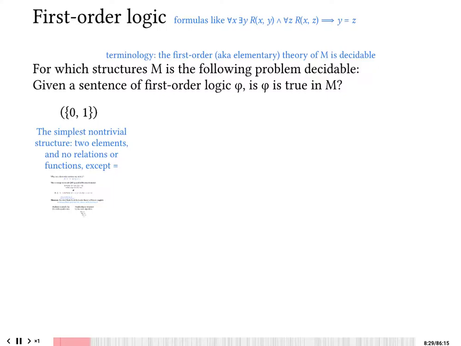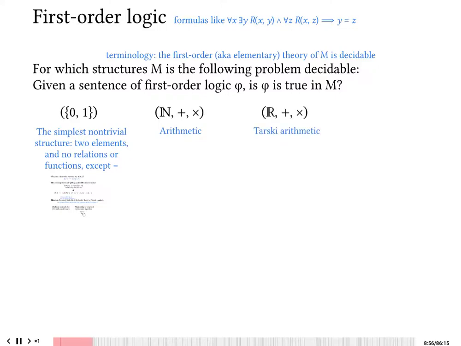But the problem is interesting not for finite models, but for infinite models. So what kind of infinite structures are we going to discuss? Well, the most famous one is arithmetic, which is famous for having undecidable first-order theory. But there will also be other structures, and these are the ones that I will be focusing on, where the first-order theory is in fact decidable.